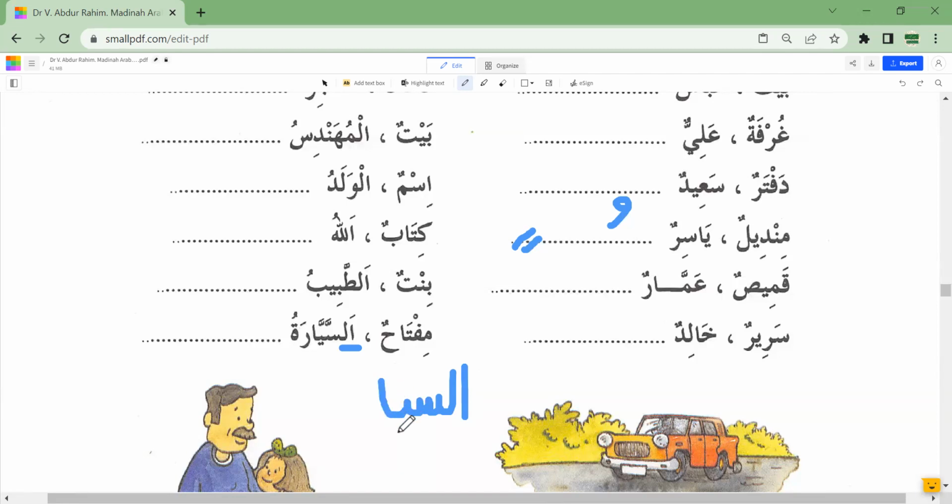I am confused about whether I have to use L or not if I am talking about my cars. Okay. My car's keys. Yes. Miftahu Sayyarati. Like this. Oh, okay. Thank you. I got it. Yes. I will check and tell you again if this is right.